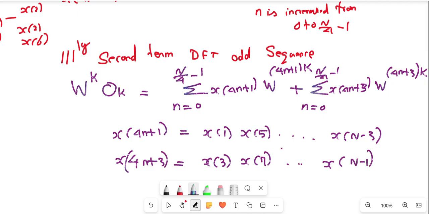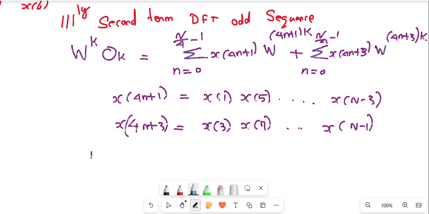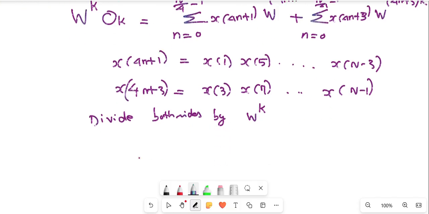So now in the derivation, divide both sides by W power k. If you divide by W power k, then the W power k will cancel. So divide both sides by W power k, so it will be cancelled now.